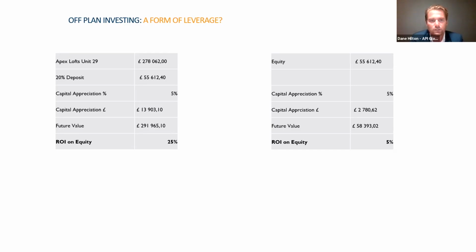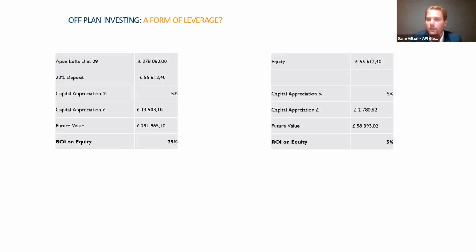What we need to consider is that during the build period, one of the benefits of buying off plan is you're buying in today's value for what's going to be a future product. You're essentially buying something at today's price point that's going to be completed, let's say, early next year. So you're going to get capital appreciation because the market hasn't stopped moving. The market is still appreciating.